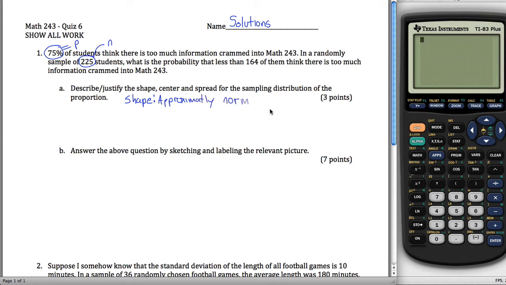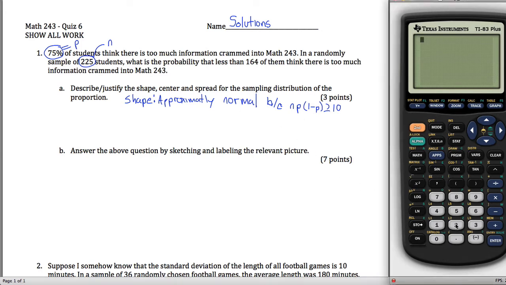We can quote the central limit theorem, or I guess the analog of the central limit theorem, that n times p times 1 minus p is greater than or equal to 10. I suppose I should have checked that that's true before I just stated that it's true.